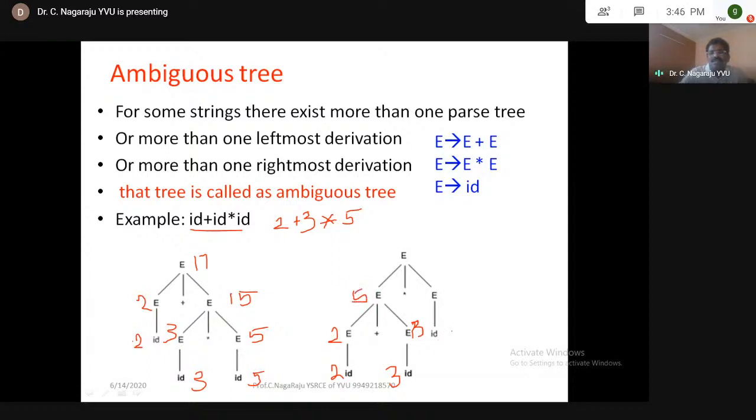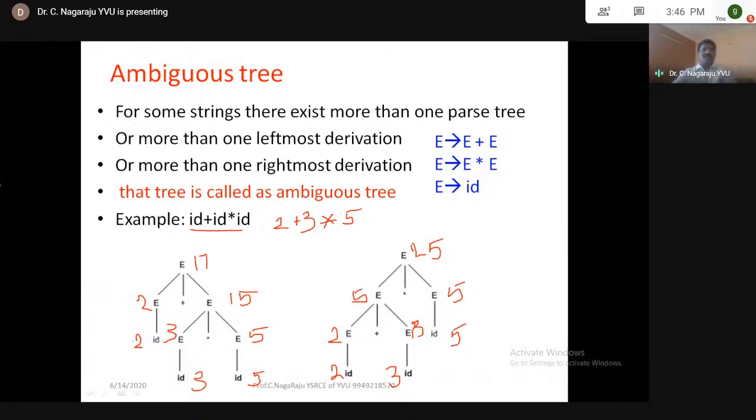Next this id is 5, so replacing it, 5 into 5 is 25.